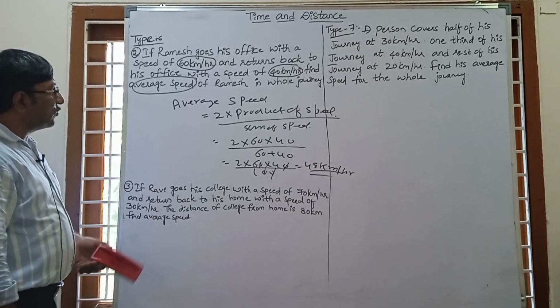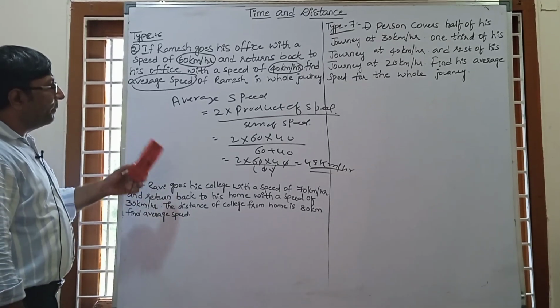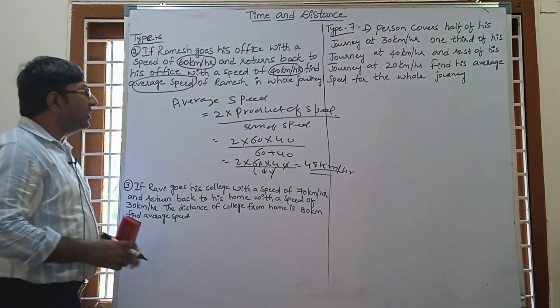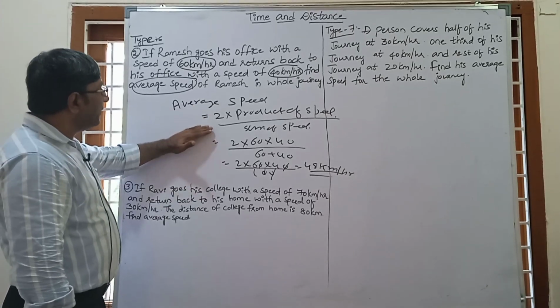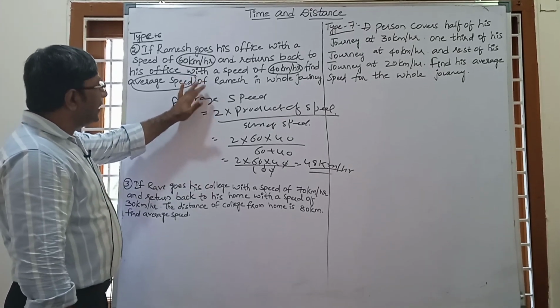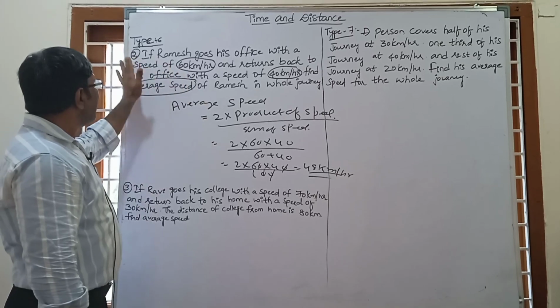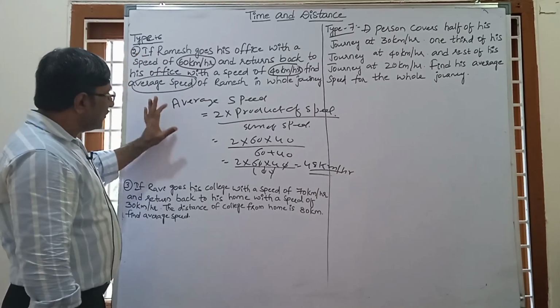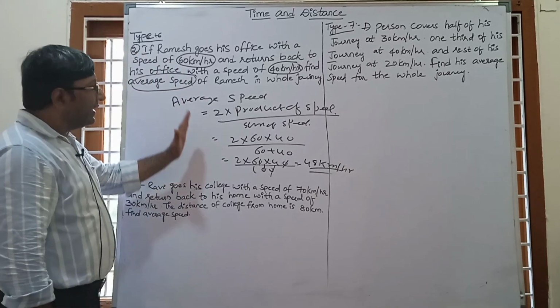But if we solve this question with the simple, basic method, the average speed is total distance by total time. But distance is not given, so we solved this type of question in the type number 6 first question. So now we are solving this question only by the tricky method.